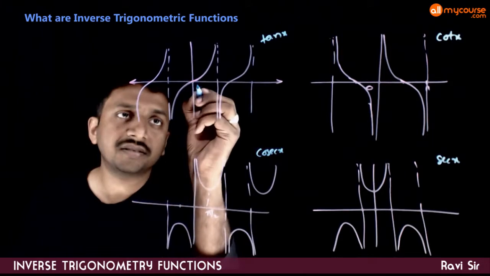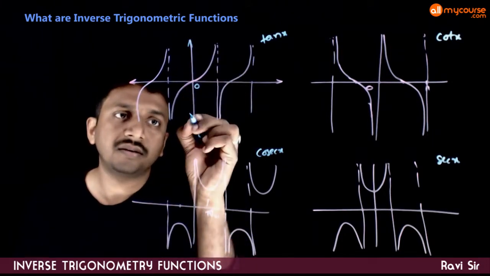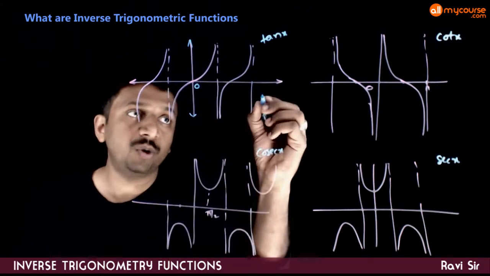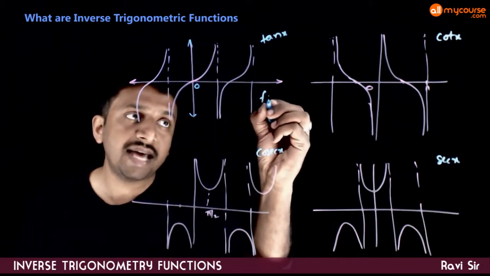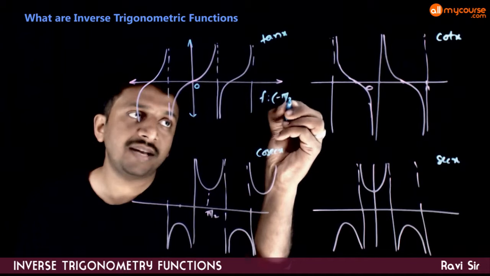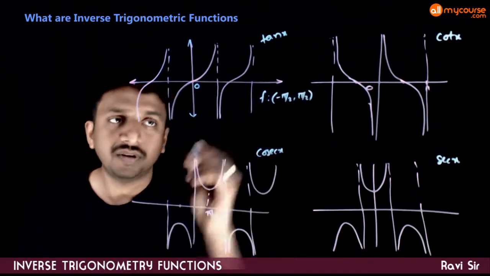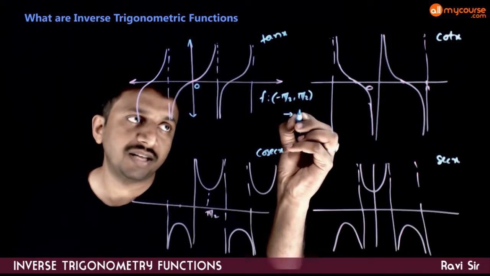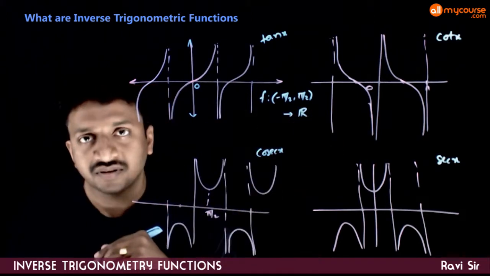For tan x, we take the domain as open -π/2 to π/2. So tan x is defined in open -π/2 to π/2, and the range is from -∞ to ∞. It is all real numbers.